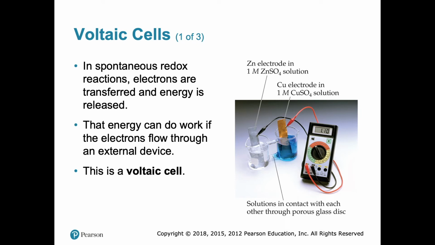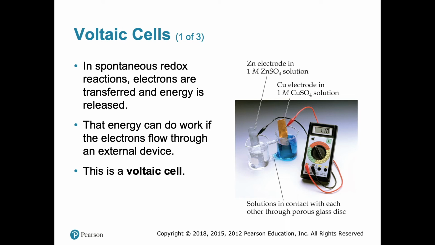So here in this particular voltaic cell, we have two electrodes: a zinc electrode and a copper electrode. And then we have this beaker here that has tubes in between, and there's a porous disc in these tubes.